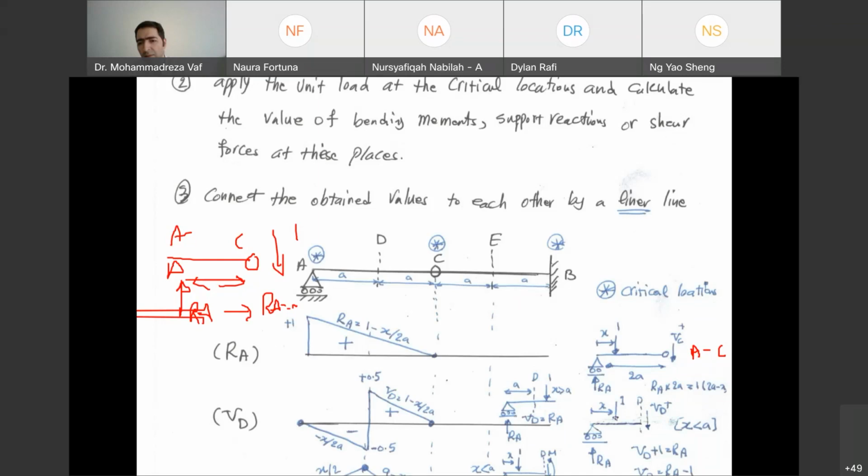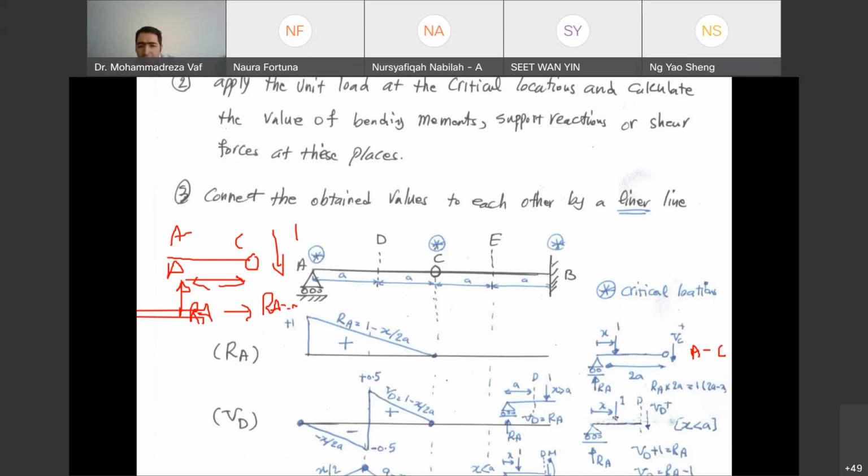Point D, wrong. Okay, how about seat 1 yin? Is your mic functioning or is it having problems like others? My mic is functioning. Okay, good. So if you want to draw the influence line for bending moment at point C, where is the location that gives us the maximum bending moment?